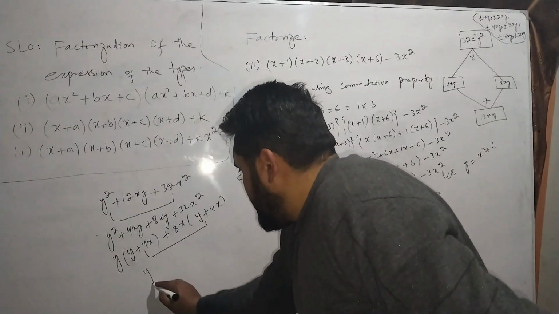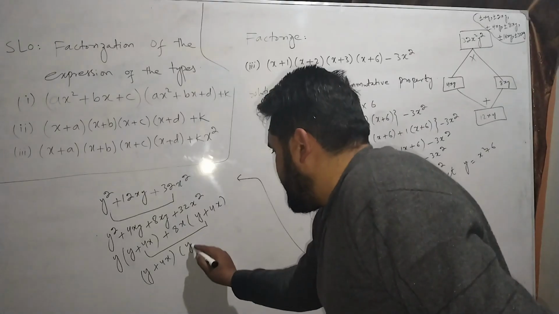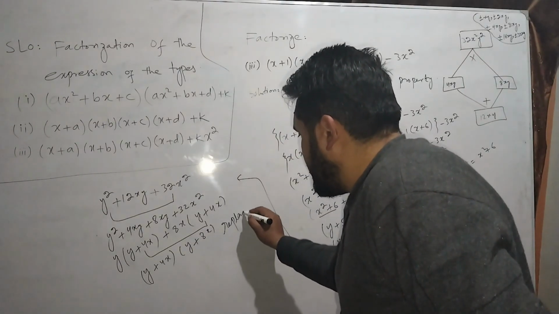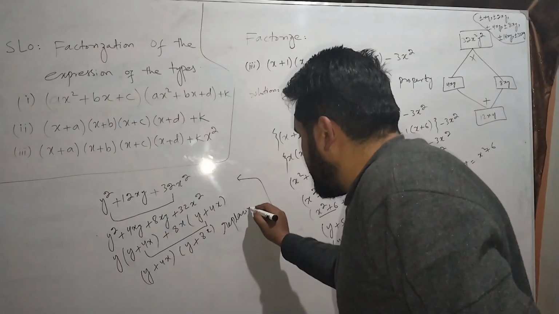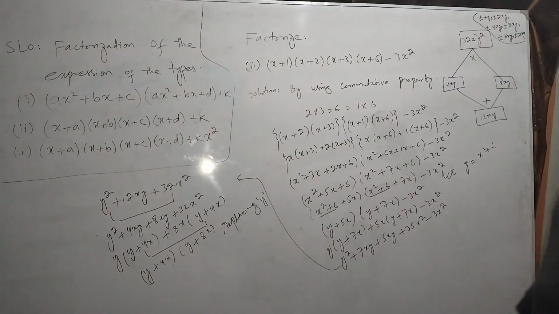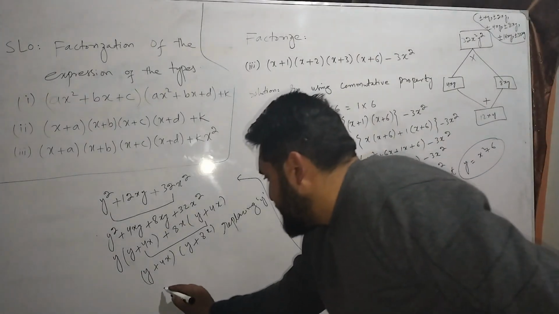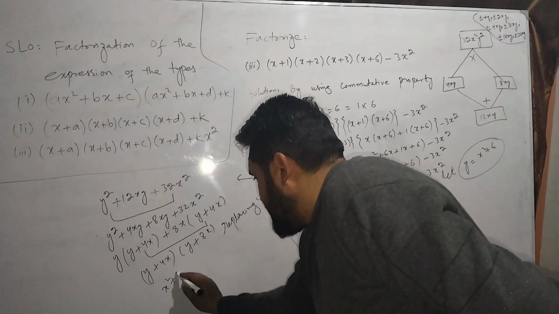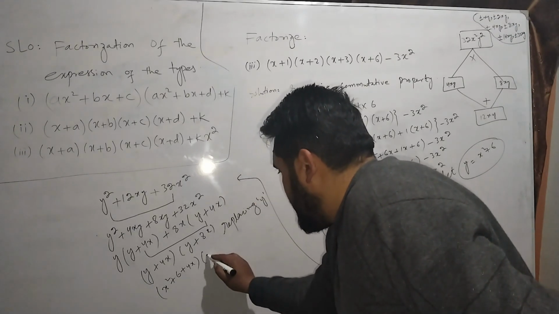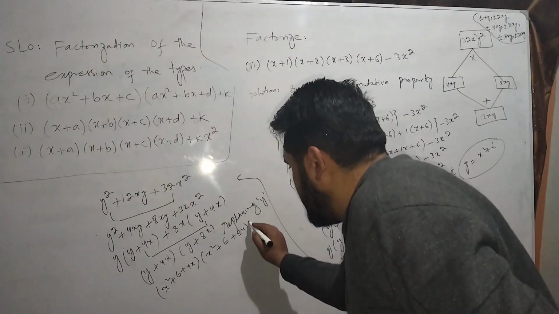Again take common: y plus 4x into y plus 8x. Now replacing y. So what is our y? Our y is this one. So we replace this: x square plus 6 plus 4x and x square plus 6 plus 8x.